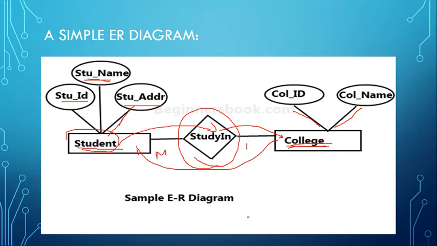So this is a simple ER diagram showing the relationship between a student and a college. Like this we can have a student table.